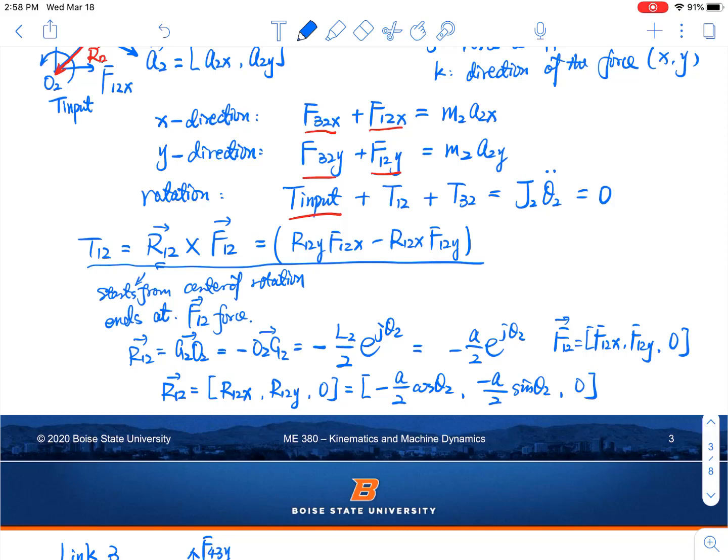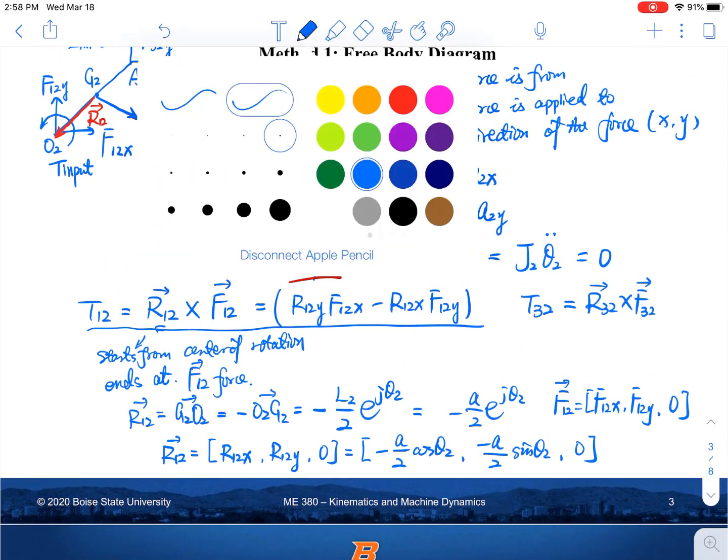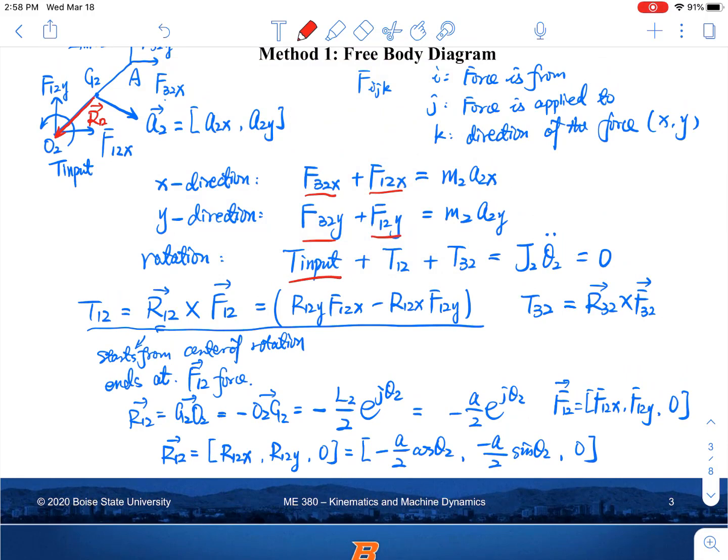So how about T32? We just follow the same rule. Your T32 is the R32 vector cross product the F32 vector, right? So we need to find the R32 position vector. So again, this vector should start from the center of rotation, which is your G2, and this vector should end at the point where force 32 is applied.